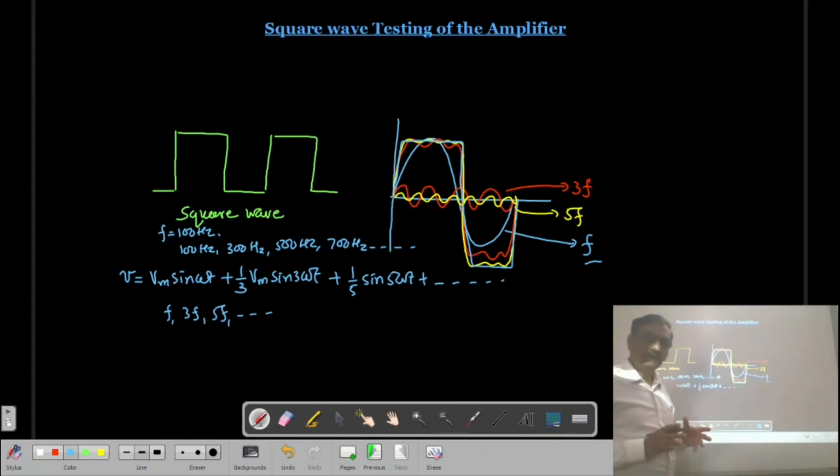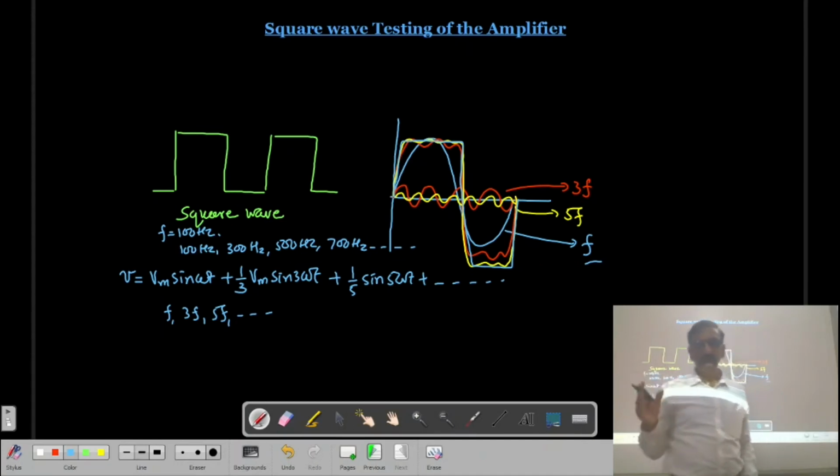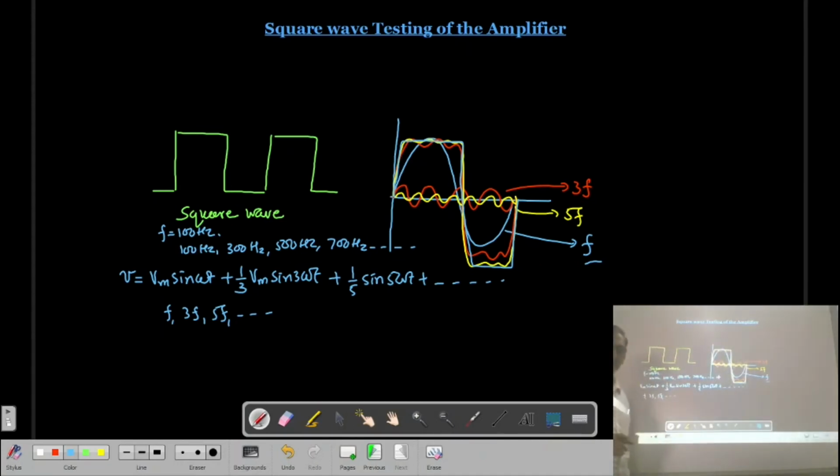Instead of a square wave, you can also apply a sawtooth wave, because the sawtooth wave contains the even harmonics as well as the odd harmonics. Then you have to see the shape of the signal at the output.